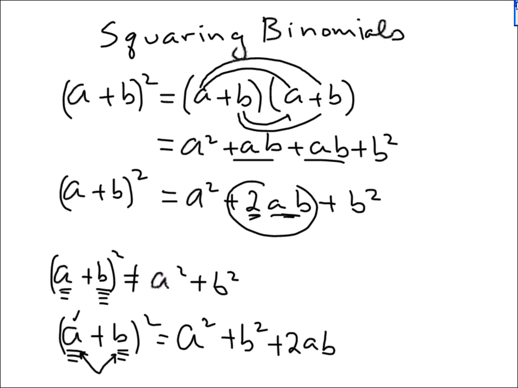You get the first squared, the product of the first and second times 2, plus the second squared. There it is.